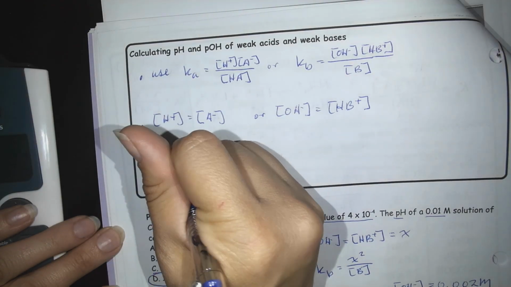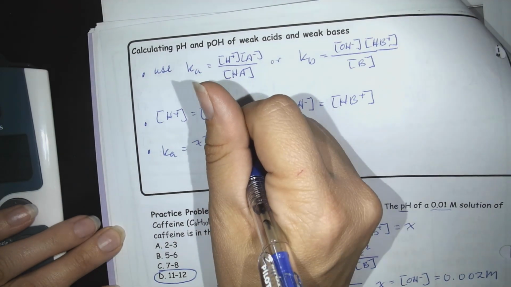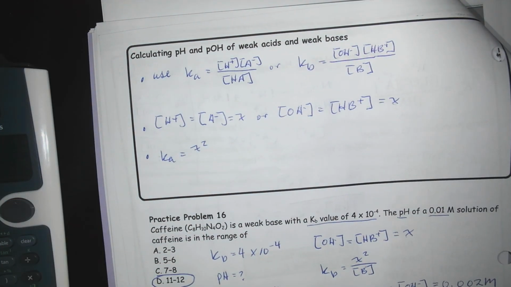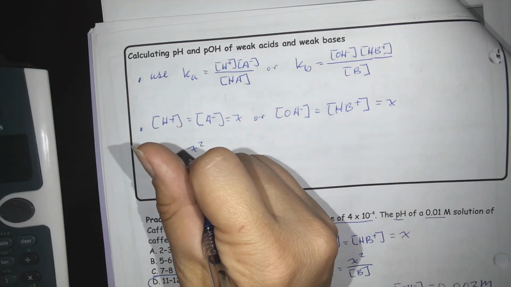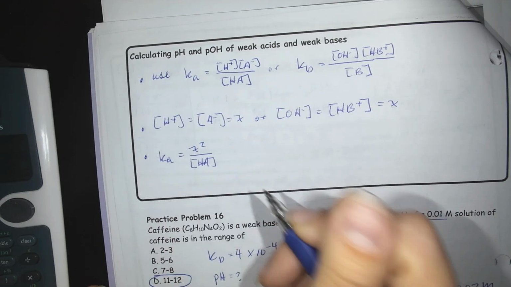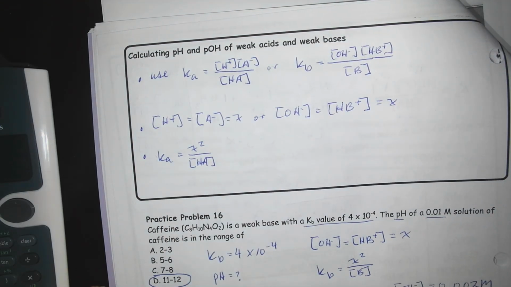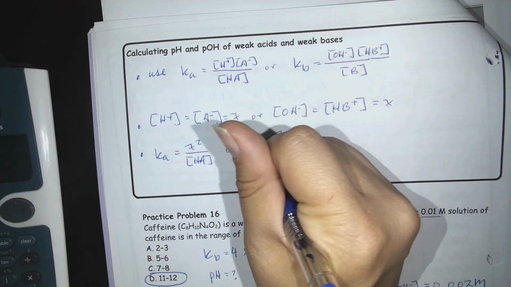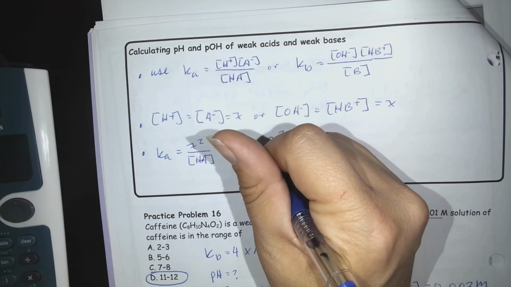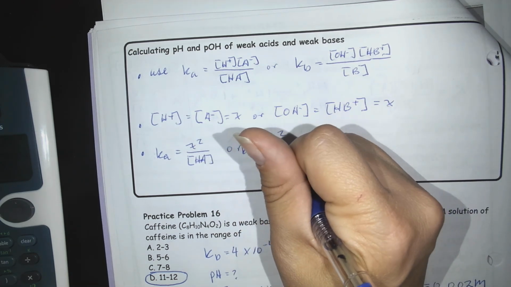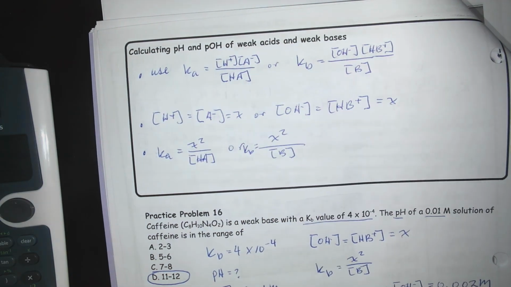So we have Ka is equal to x squared. Oh yeah, we're going to call those x. X squared divided by the concentration of the acid, or, for a base, Kb is x squared divided by the concentration of the base.